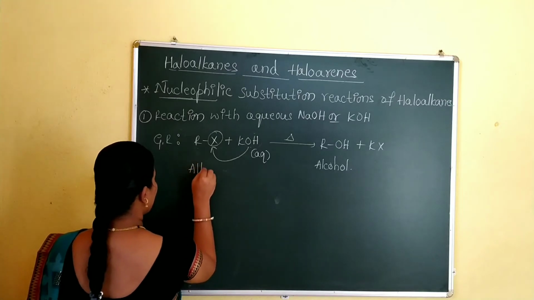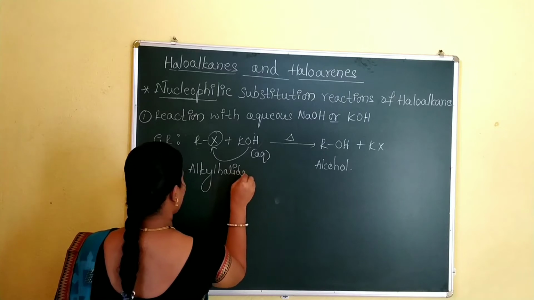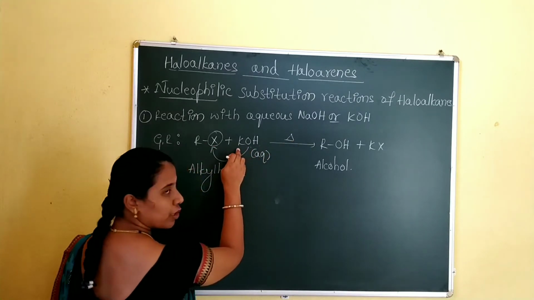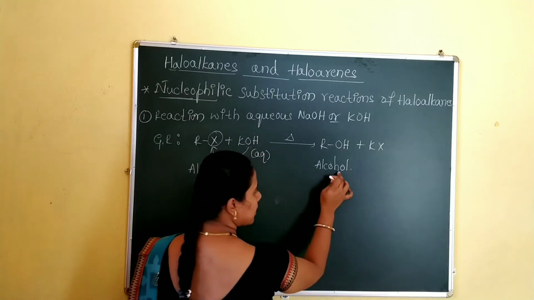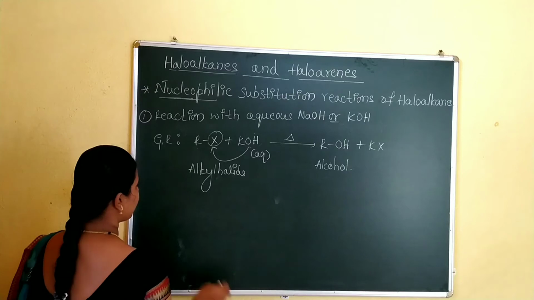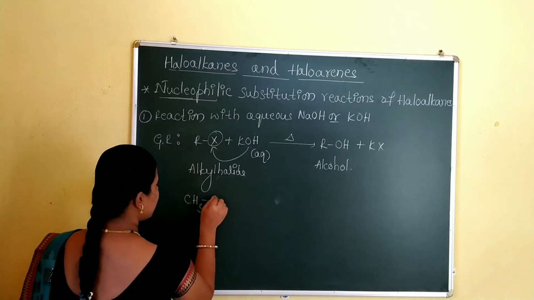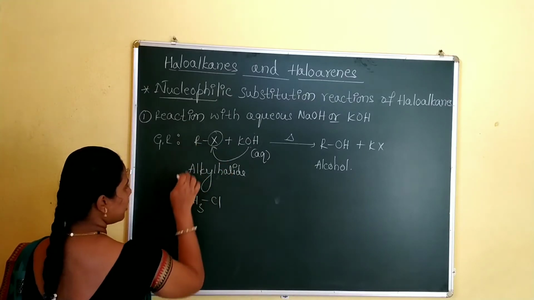This is the alkyl halide. When an alkyl halide is heated with aqueous potassium hydroxide, the corresponding alcohols are formed. See here, CH3Cl is an alkyl halide, where CH3 is the alkyl group.